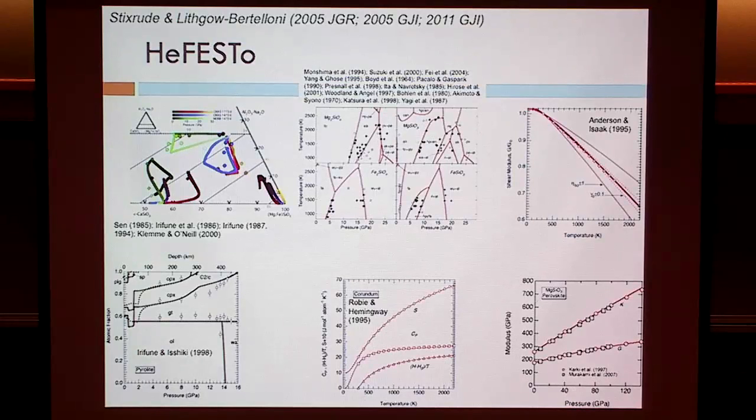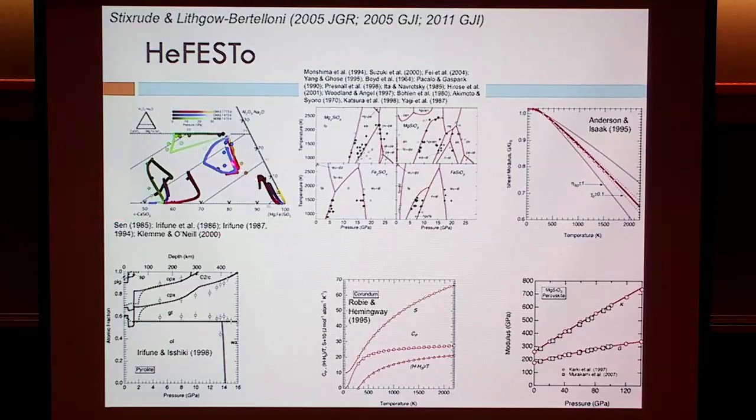What can we do with Hephaestus? We formulated this. What can we do with it? The basic idea, just to take a step back, is that we're trying to gather all this experimental data and express it in the parametrically simplest possible form, which has as much physics built into it as possible.